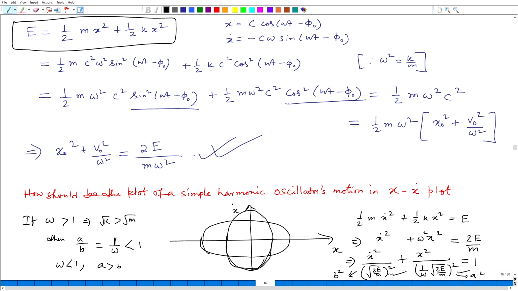Okay. And you will also understand that when for a given system E is conserved, that gives me an ellipse of this kind, because E finally gives me this whole thing. If E changes, let us say E increases, both A and B will increase.